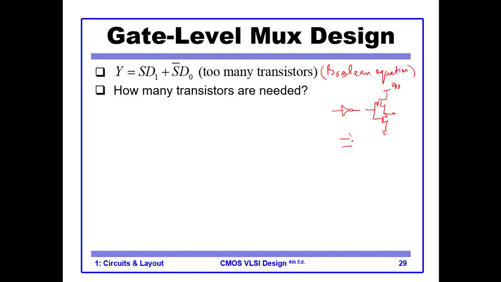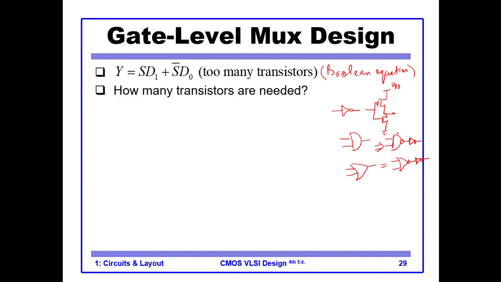What about a two input AND gate? Now remember that in CMOS logic we don't have AND gates. What we have is a NAND gate, and we have to put an inverter in front of it. Similarly, we don't have an OR gate. What we have is a NOR gate followed by a NOT gate. This is what you have to remember.